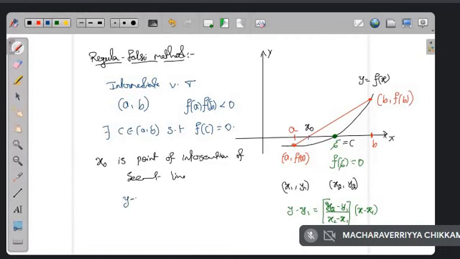Now the secant line: comparing, x1 and y1 are a and f of a. So that is y minus f of a equal to f of b minus f of a by b minus a, into x minus a. So this is the equation of the line.